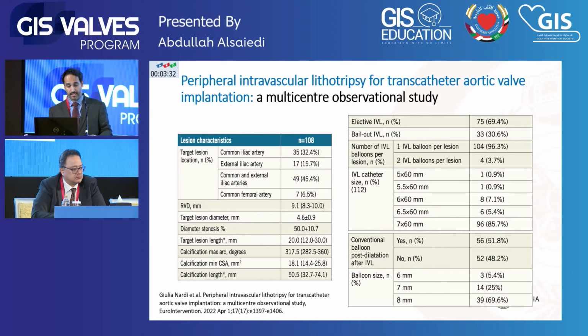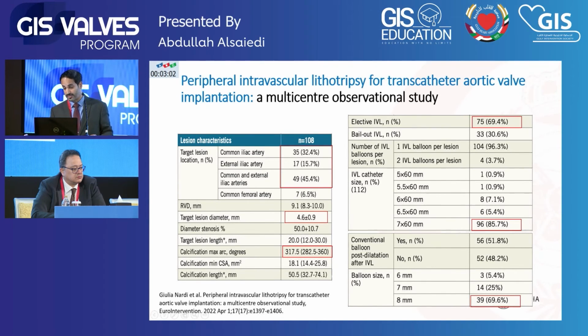Looking more specifically at a registry published recently in 2022 from Italy and France, in around 108 patients, looking specifically at the use of IVL to facilitate access. It was done mostly for common iliac and external iliac arteries. The target lesion diameter was around 4.6, and mostly they had severe calcium as identified by CT, with a calcium arc around 317.